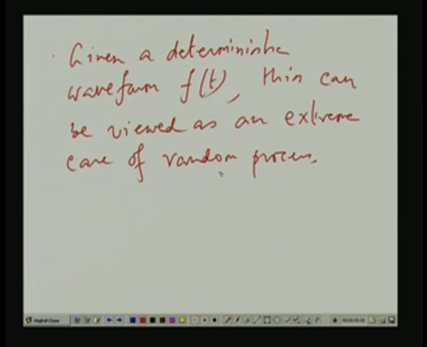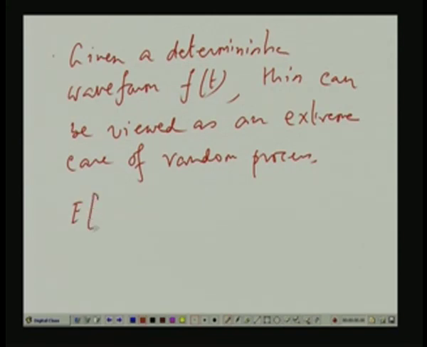That means for a particular time point say t, x of t is nothing but the value f of t. So, x of t always takes the value f of t with probability 1. This is the meaning of this, because every time the experiment gives us the same waveform. So, x of t takes the value f of t, a particular value, with probability 1.